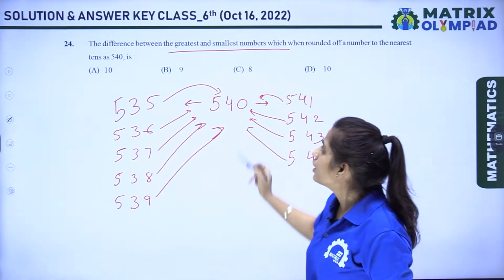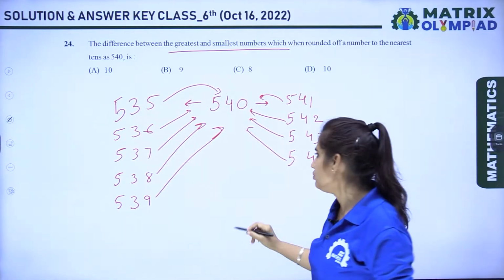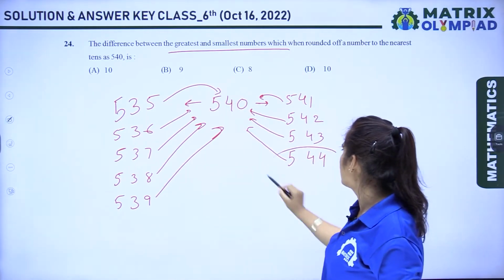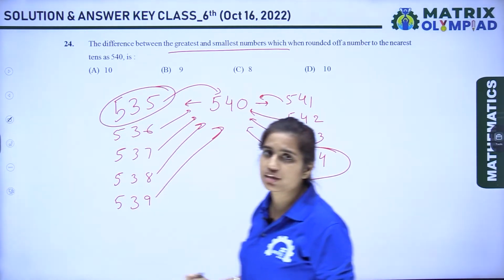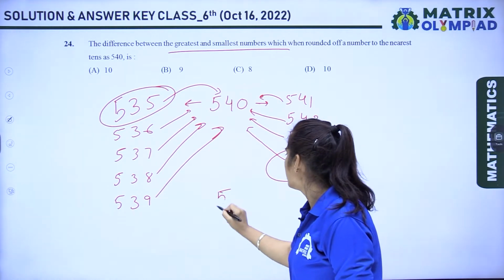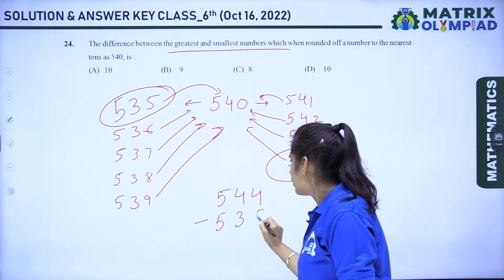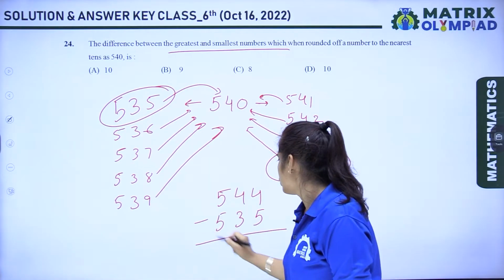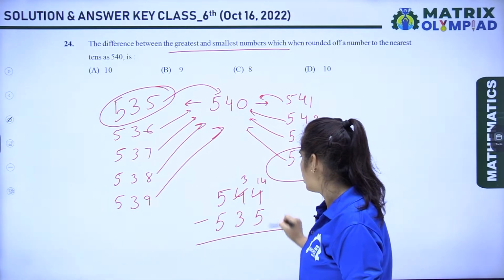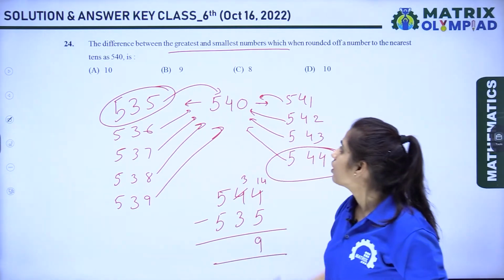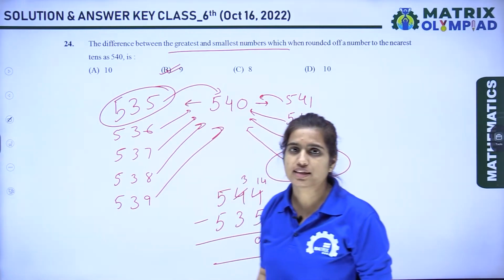Now we have to find out the difference between the smallest and the greatest. Here the greatest number is 544 and the smallest number is 535. Let's find out the difference: 544 minus 535. After subtracting, we get 9. So according to the option, we can say that option B is the correct answer.